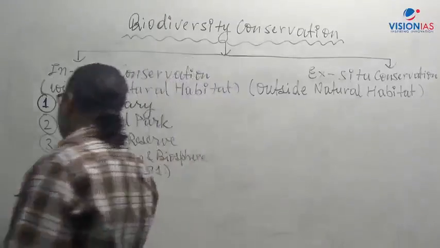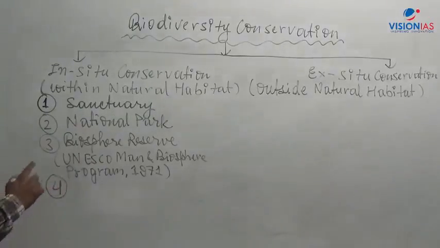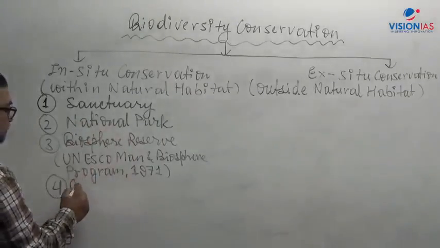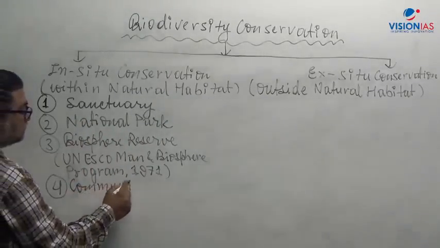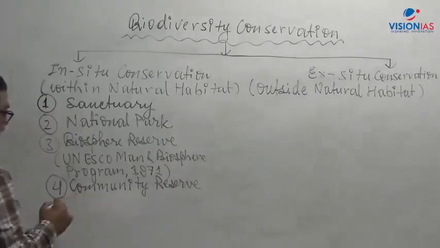Now, apart from that, the Government of India has amended the Wildlife Protection Act and came out with another very unique concept, that is called community reserve and conservation reserve.